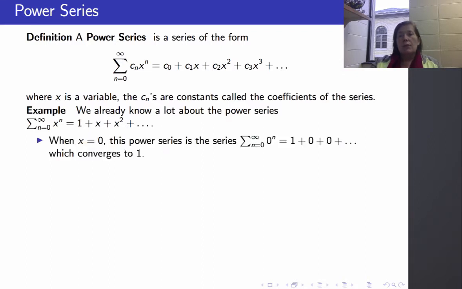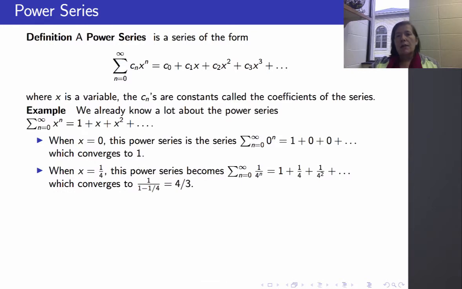And if I were to set a particular value of x, say set x equal to 0, then the power series becomes the sum of 0 to the n. We assume for power series that 0 to the 0 is 1. So this is equal to 1 plus 0, etc., and that infinite sum converges to 1.